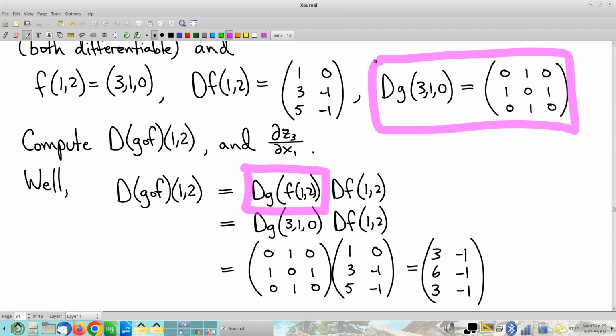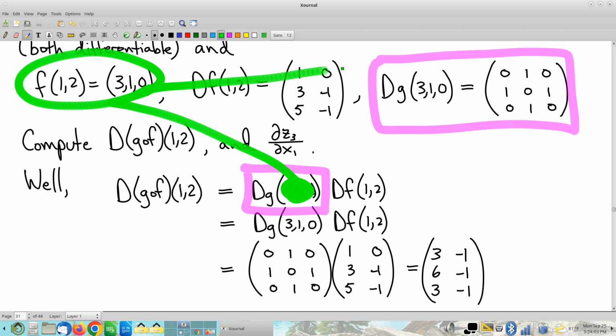At an immediate glance, it's not necessarily clear that those are the same until you notice, lucky break, it is exactly the other piece of information we were given. That first equation, f(1, 2) = (3, 1, 0), is what allows us to realize that the matrix we were given is the matrix that we need.